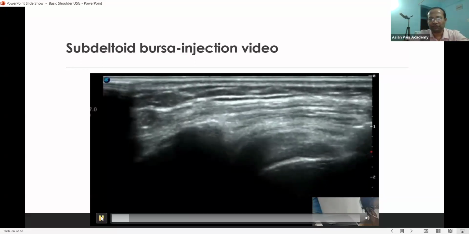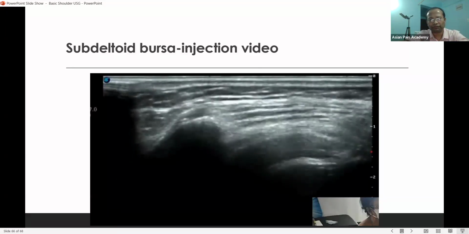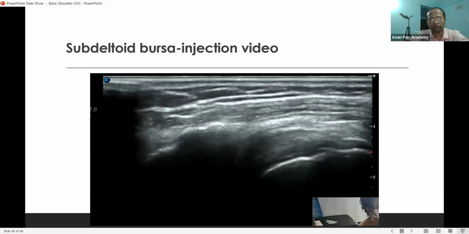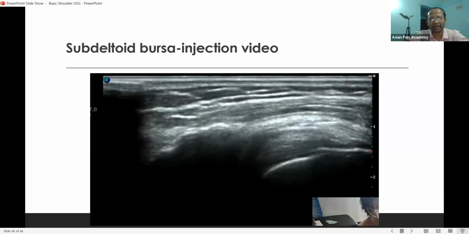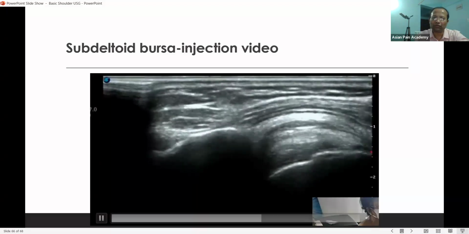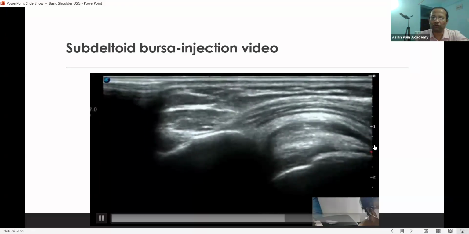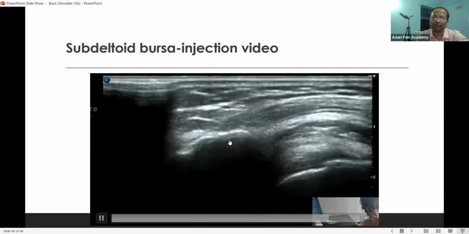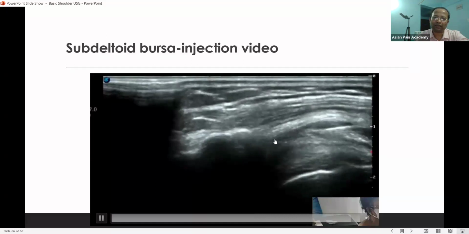Again, you see. It is coming from the lateral side to the medial side. See, as soon as you give fluid, it goes to another side. So this is called subacromial bursa injection.